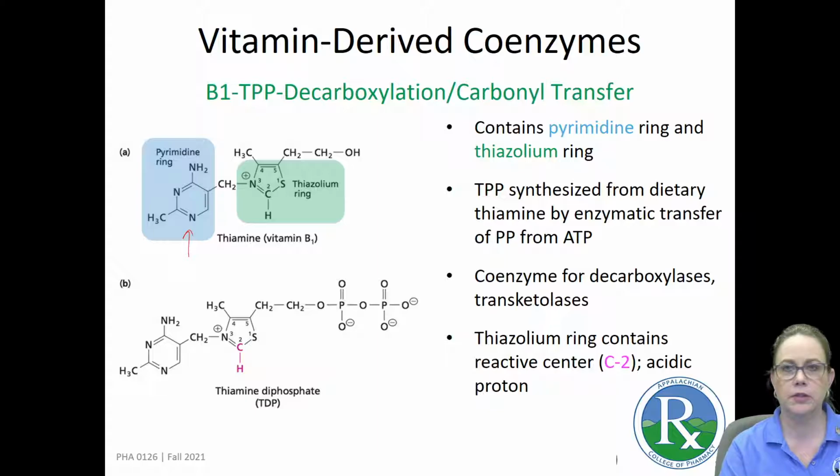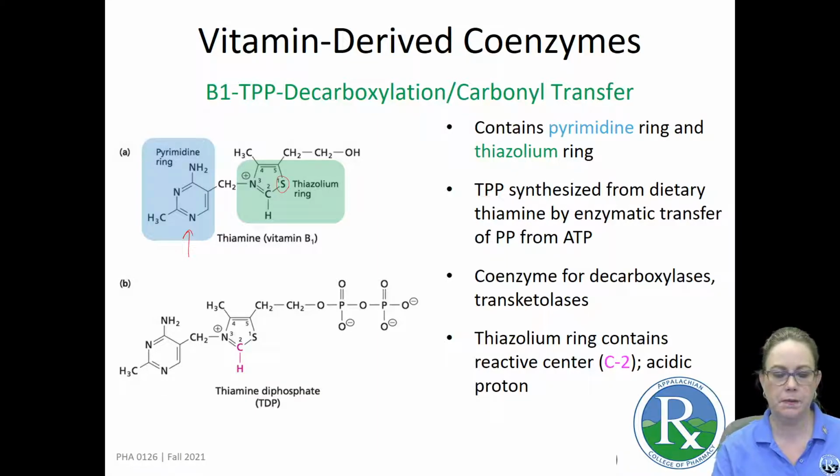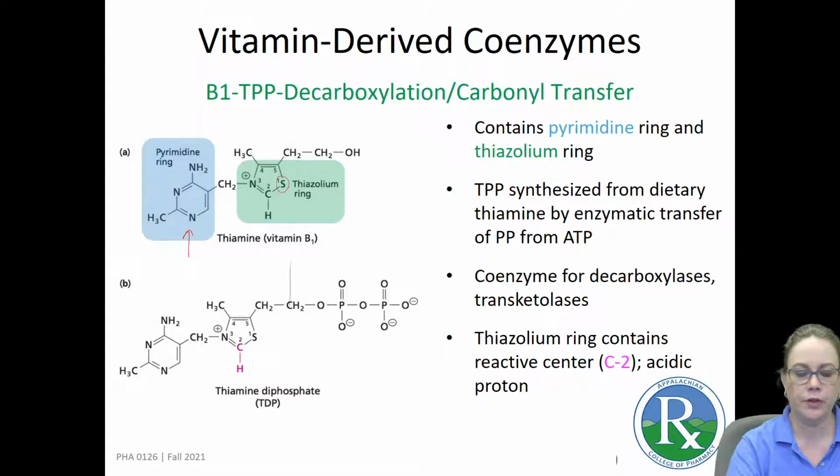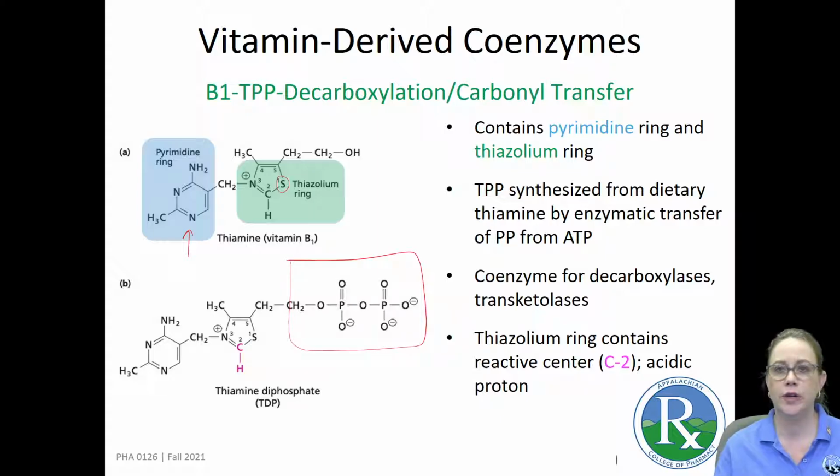It's similar to your 5-membered imidazole ring that we see with histidine. We now have a sulfur present in that 5-membered ring though. This is another coenzyme that gets phosphorylated. This is the only one where we're attaching 2 phosphates, or a diphosphate, onto it. So that's really what I'd look for if I were to ask you about this structure, is that diphosphate moiety.